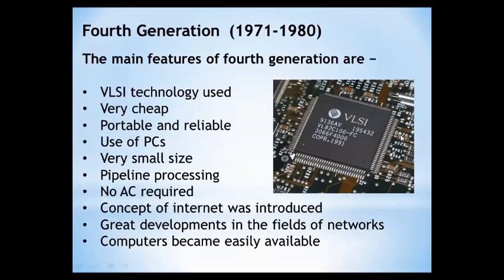These computers supported most of the high-level languages for doing coding and programming. The computers became very easily available, and in the business sector, most of the businesses started using computers for doing their business activity.